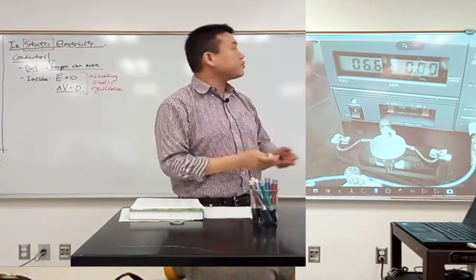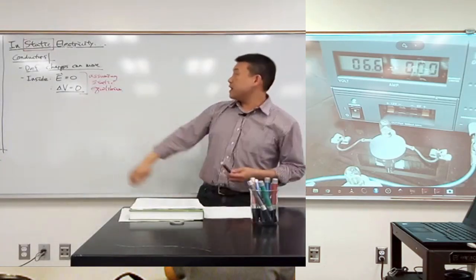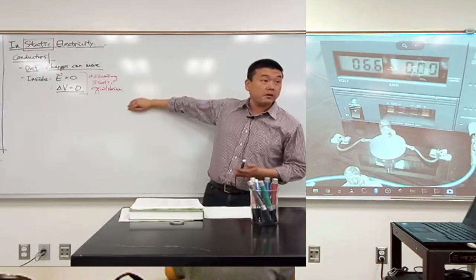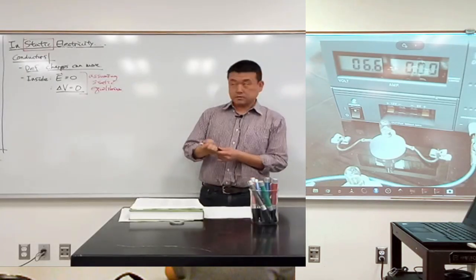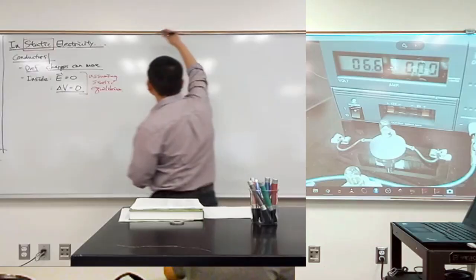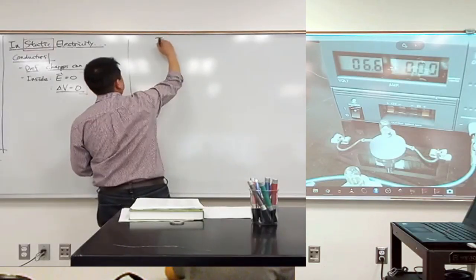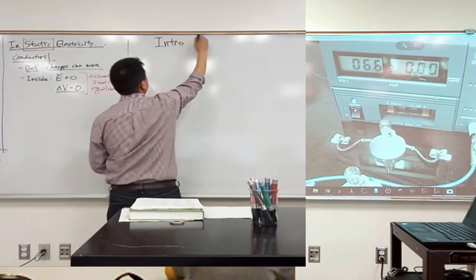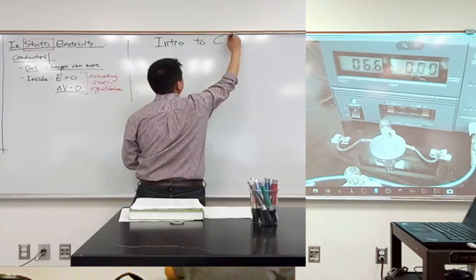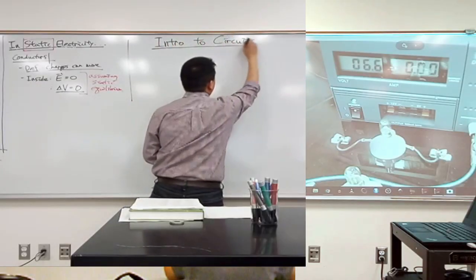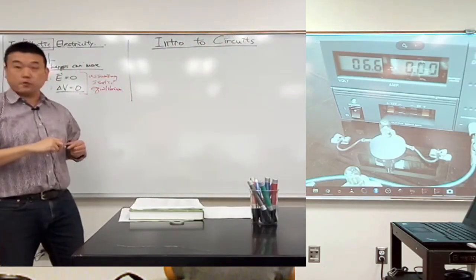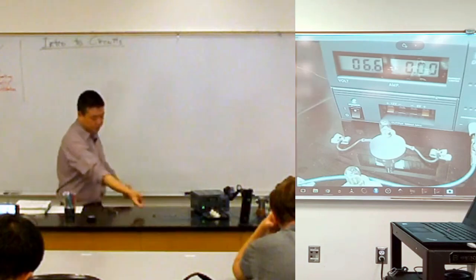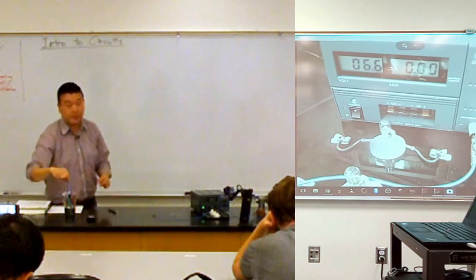So let's try to describe exactly in what way it's not a static equilibrium anymore, and what that means. Let me call this intro to circuit. Let me draw a picture of this conducting wire, and because this wire is so thin, let me draw it a little bit bigger.